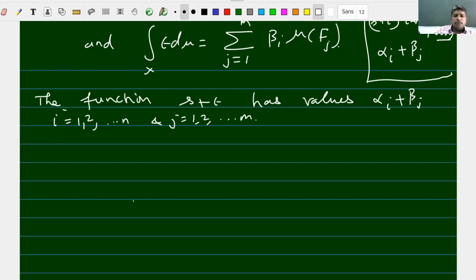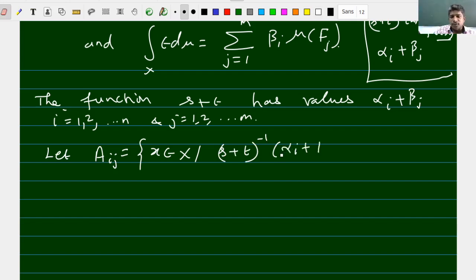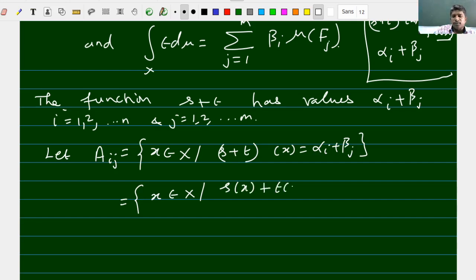Then what is the corresponding partition of X? Now we discuss. Let A ij be the set of all x in X such that s plus t of x equals alpha i plus beta j. By the definition of s plus t, s of x plus t of x must be alpha i plus beta j.